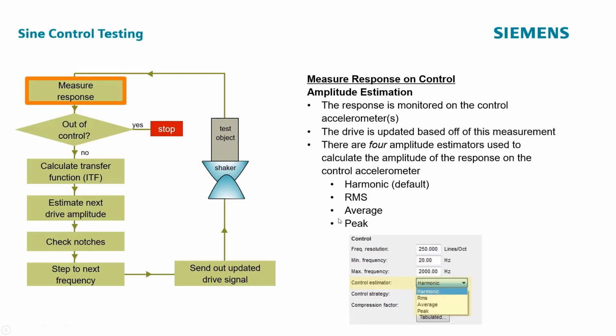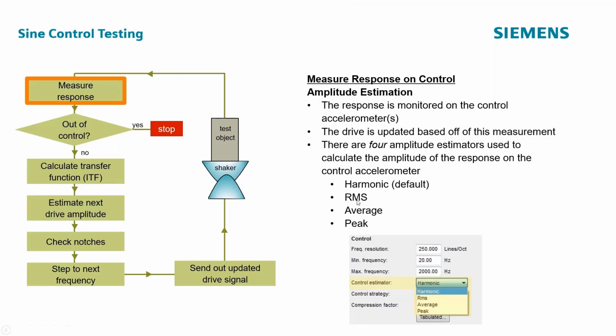You have to make a decision about what the amplitude actually is on the shaker because of harmonics and things like that. So very frequently this harmonic estimator is used, which essentially is fitting a sine wave to the data coming in to filter and suppress out any harmonics of the main excitation frequency.